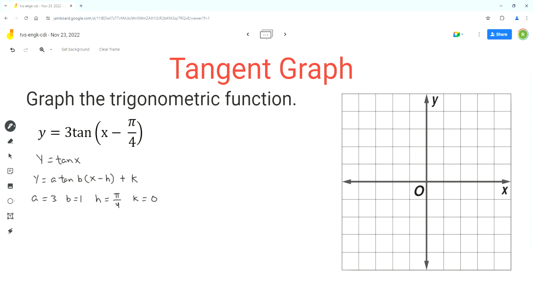Now we can write the mapping formula. Next we can sub in the values for a, b, h, and k.